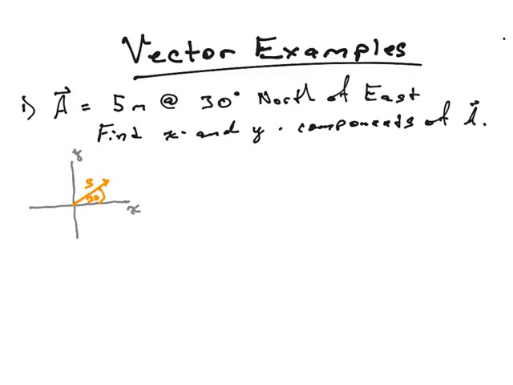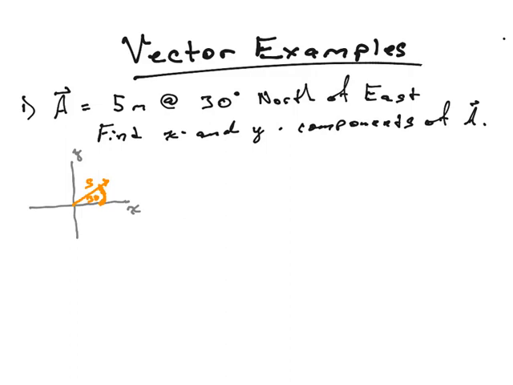But if I do tell you specifically 30 degrees north of east, the way you understand what that means is if it's north of east, that means you start east first, so east being the x-axis, and then you're going to move counterclockwise 30 degrees to the north.